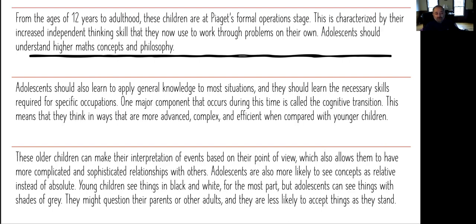These older children can make their interpretation of events based on their own point of view, which also allows them to have more complicated and sophisticated relationships with others. The adolescents are also more likely to see concepts as relative instead of absolute. Young children see things as black and white, whereas these adolescents can see things in shades of gray.